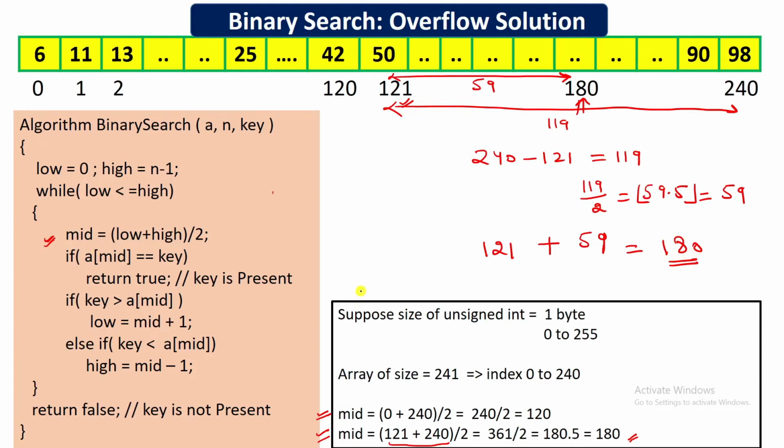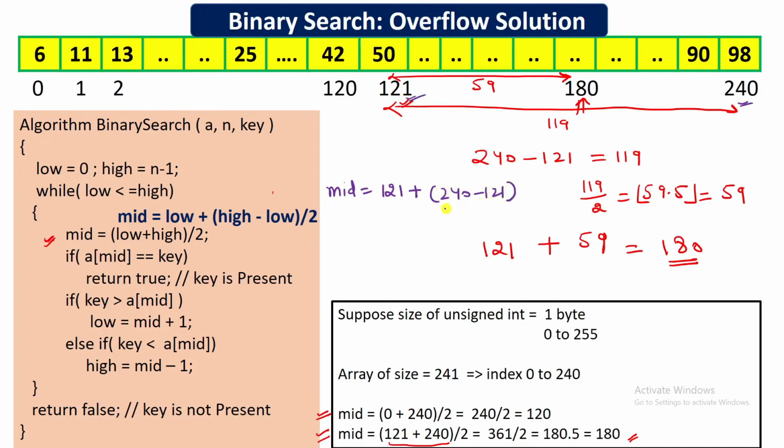So what I have done is this calculation to find the mid: low plus high minus low, by 2. If you see this example again, your low was 121. Instead of adding 240 plus 121, which was giving me 361, and then taking the half of this, you find the difference of 240 and 121. 240 is the high value and low value is 121.